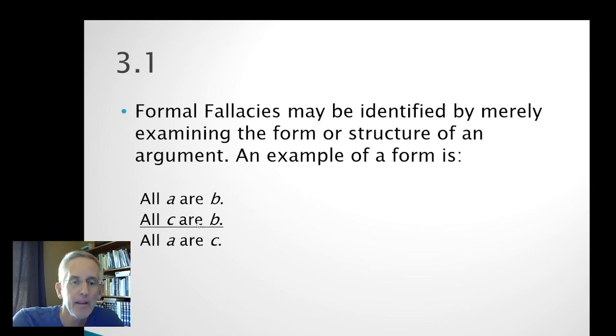So in order to identify a formal fallacy, you don't have to understand the actual meanings of the terms in the argument. You just have to be able to understand which patterns are acceptable and which ones aren't. In this case it's a deductive argument, so which patterns are valid or invalid. So formal fallacies, remember, are about the structure or the form alone.